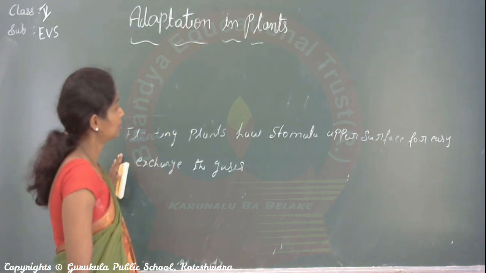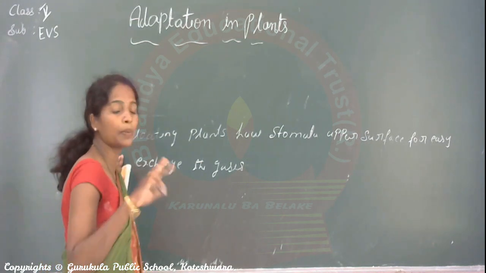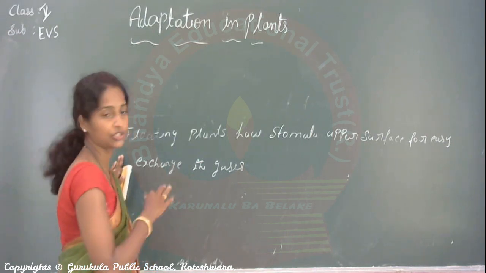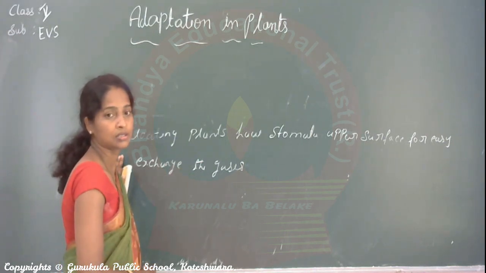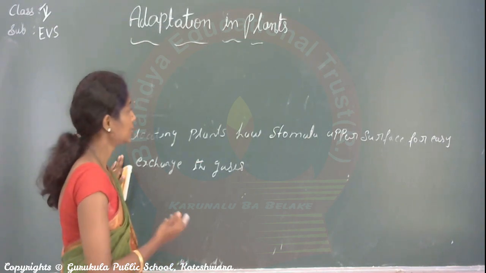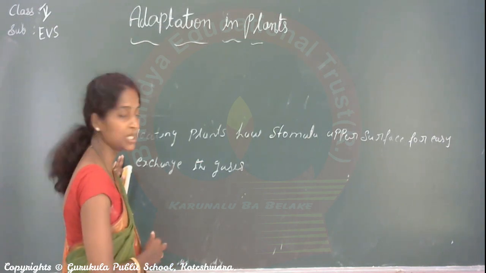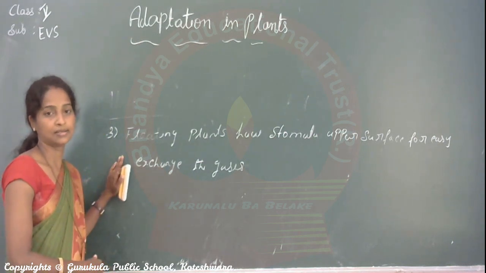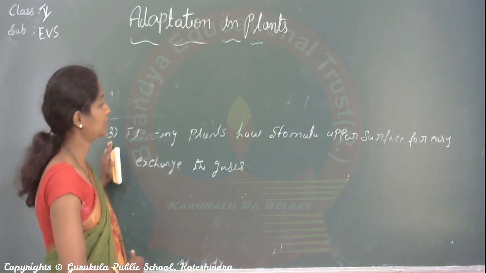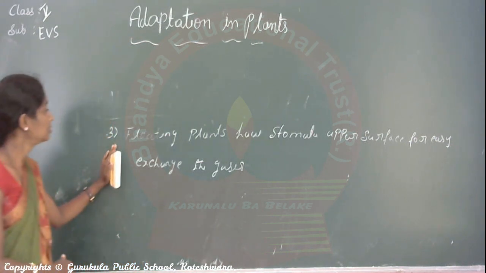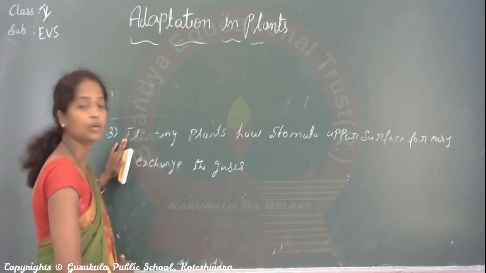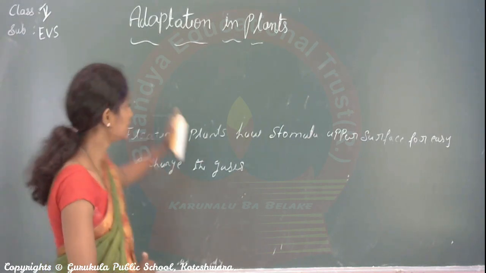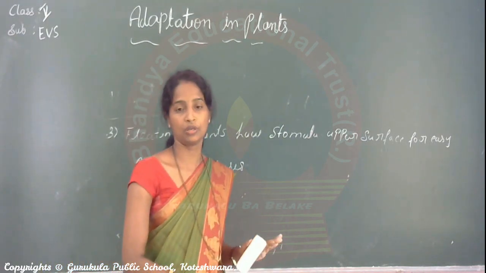It has stomata, but on the upper surface of the leaves, so it is easy to exchange the gases. If they were on the under surface of the leaves, it would not be easy. So these are the features that floating plants have. These features are adaptations.